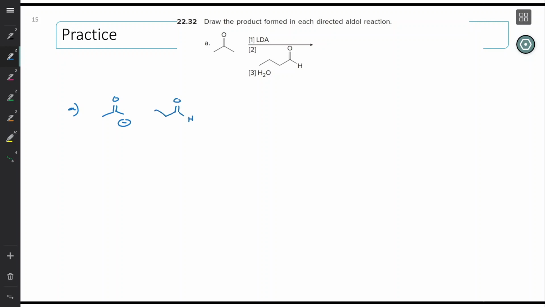And then we're going to attack this aldehyde as my secondary electrophile. And remember to reorganize. So this is just methyl ketone, and then here I had H and 1, 2, 3. Right, so this would be the product of the aldol addition.